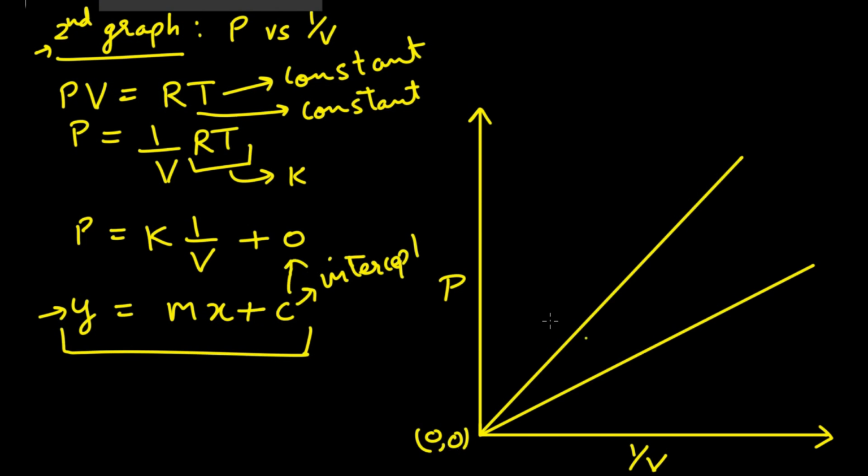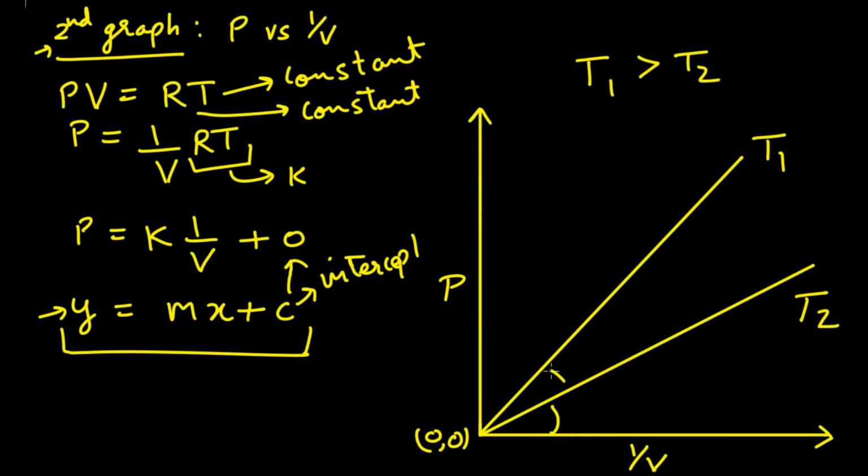The graph will be like this. These are two different temperatures, T1 and T2. At T1 the graph will be like this, at T2 the graph will be like this, where T1 is greater than T2. As temperature increases, the slope increases or the angle increases. Alright, this is the second graph.